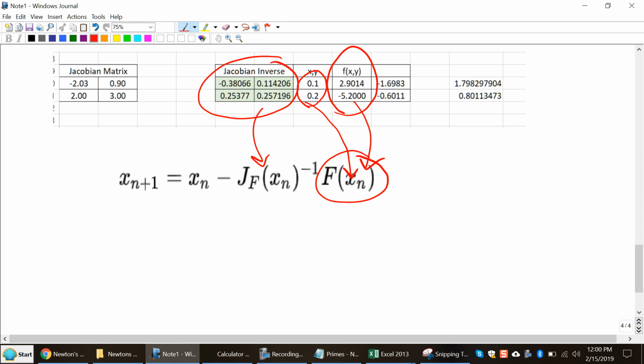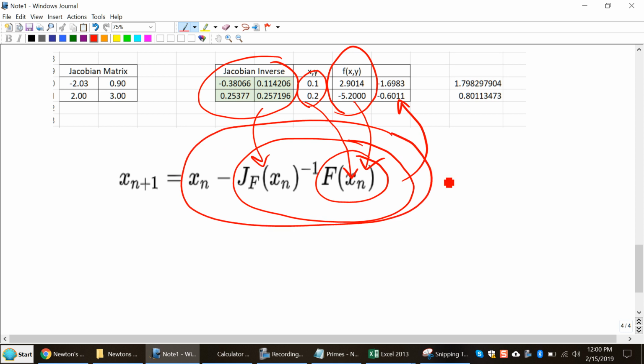The whole thing multiplied out, these cells. Then these numbers get moved into here, and it's started over again.